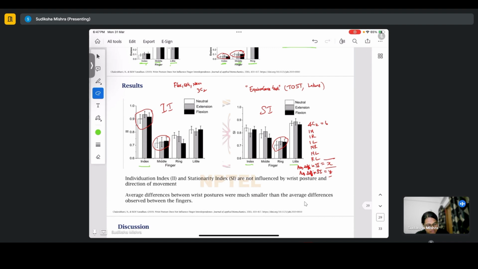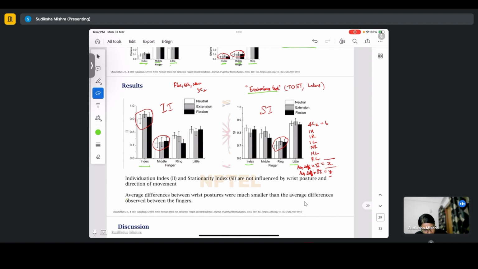There is something called an equivalence test, which can be performed to check if the differences between the different conditions are more than the differences between the fingers.